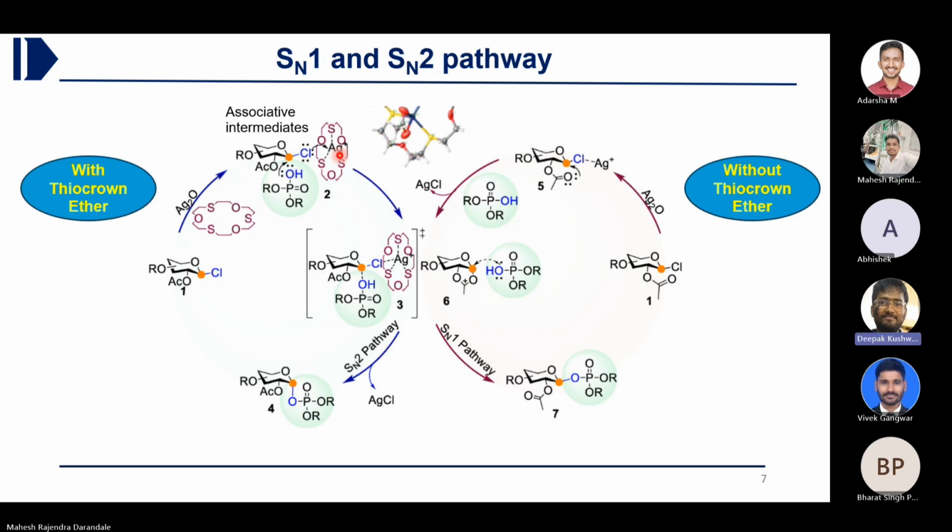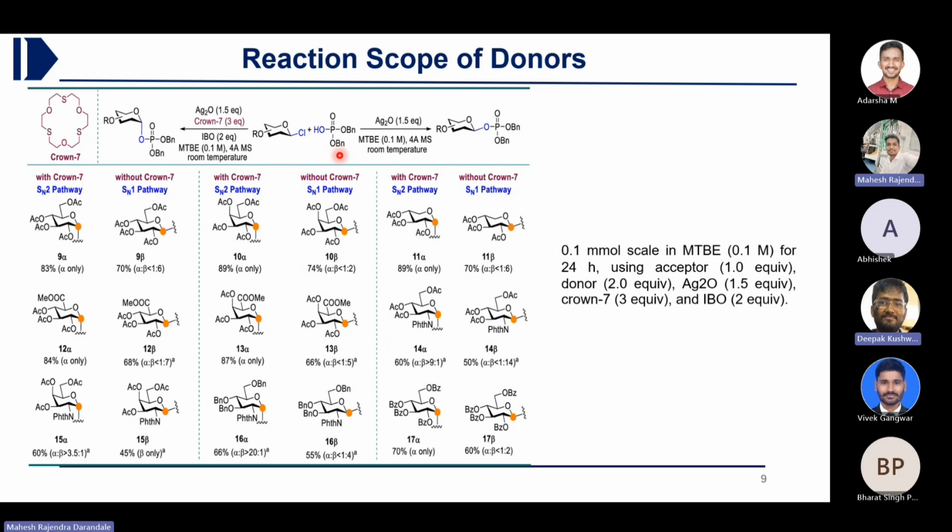I have only one question. Since this method shows that this chloride can be activated in SN2 fashion, selectively. But here every time they are using this phosphoester acceptor, showing the selective formation of phosphoester.